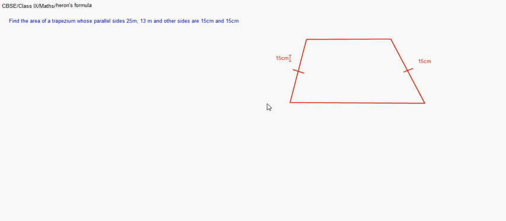I will have to name them though. A, this is B, that is C, this becomes D, whose parallel sides are 25 and 13. So obviously this will be 13 and this will be 25. That's the figure. We have to find the area.